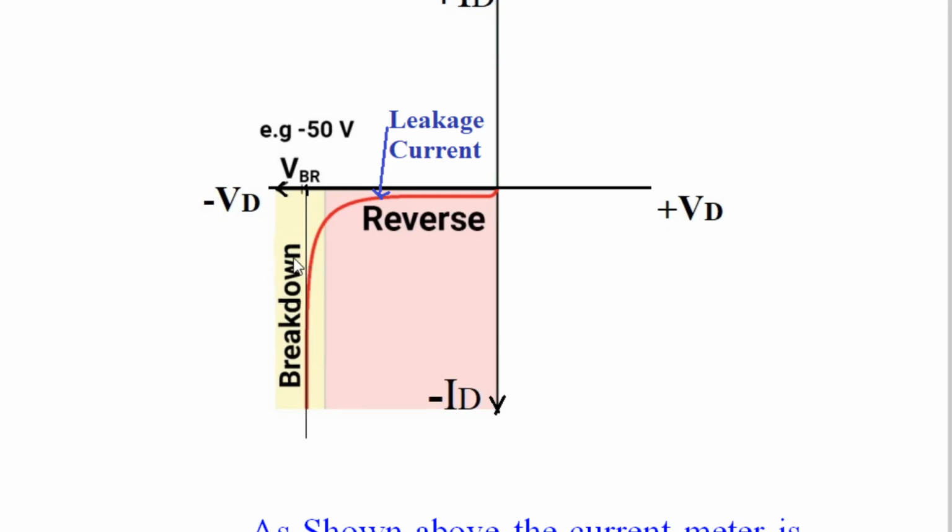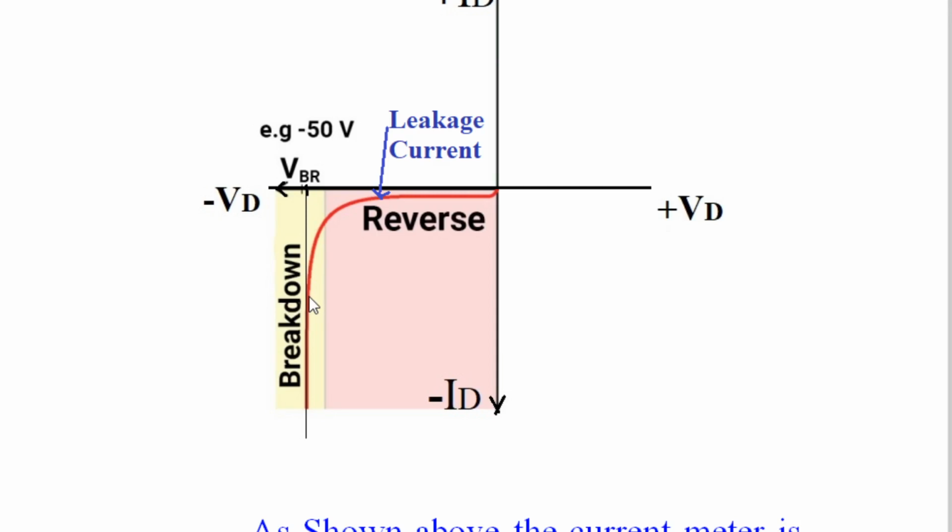Therefore, for a normal PN junction diode, which is used for rectifying purpose, there is a limit on how much reverse voltage you should apply. That reverse voltage is also called peak inverse voltage, PIV.